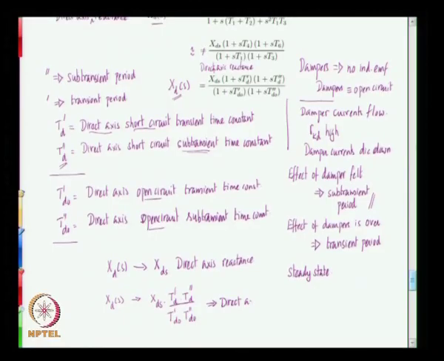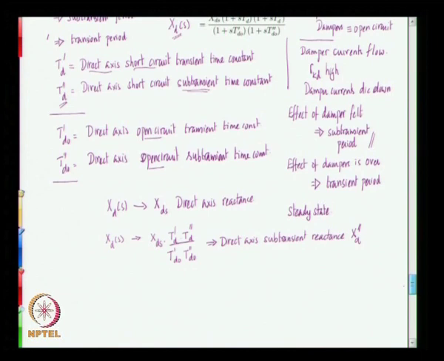Now, this term is given the name direct axis subtransient reactance, with the special symbol x_d double dash.